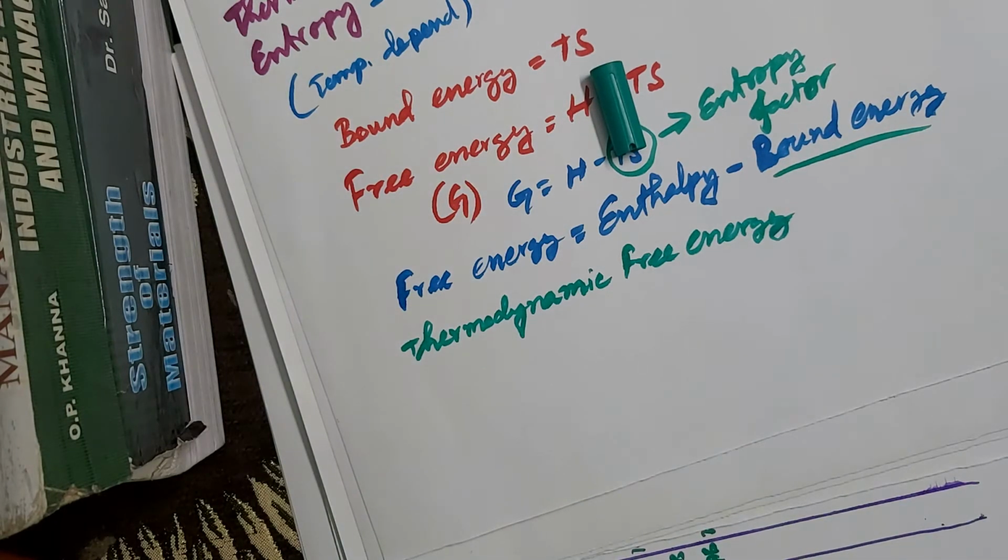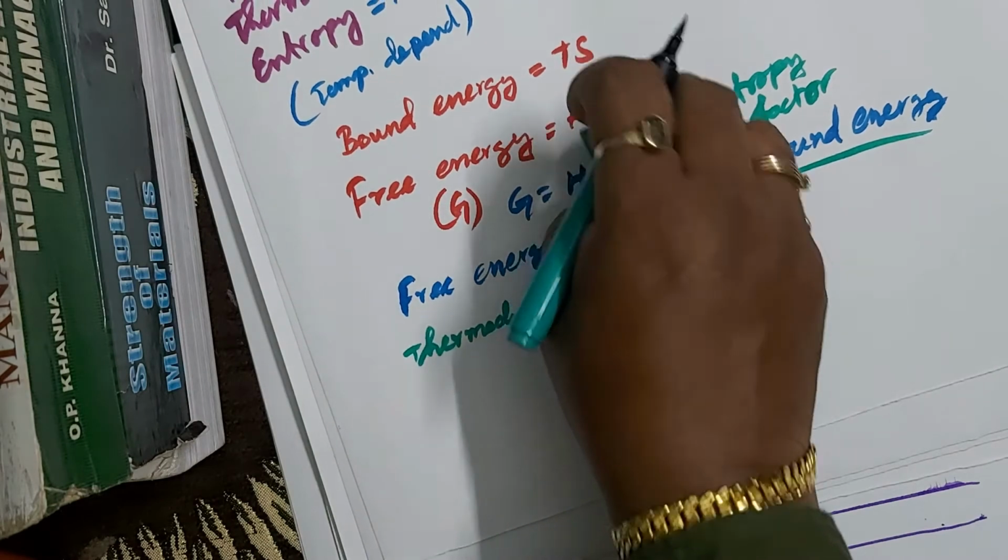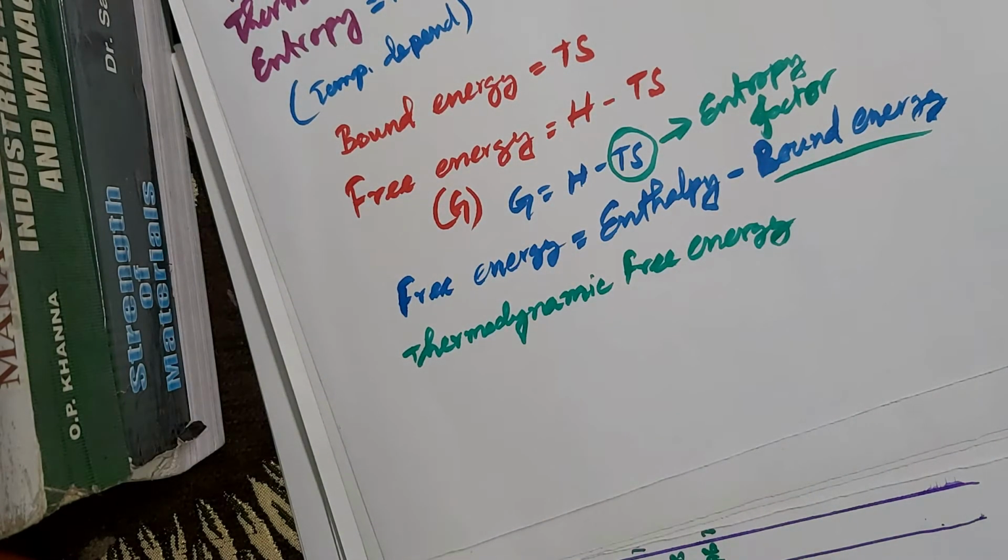Thermodynamic free energy: the energy in a physical system that can be converted into work in particular. Like we have some physical system, and this physical system is having some energy which can be converted into work in particular.